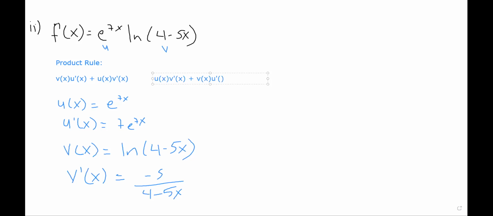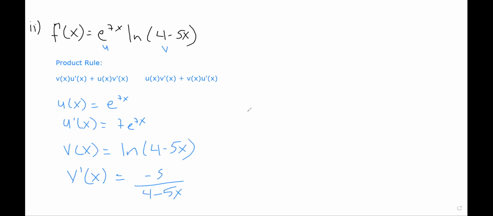I've had some persons ask, why did you write it like this? Isn't it supposed to be written like that? But it's saying the exact same thing, no matter how you want to put it. This and this is the same thing. So now we need to substitute our values in order for us to arrive at our answer.